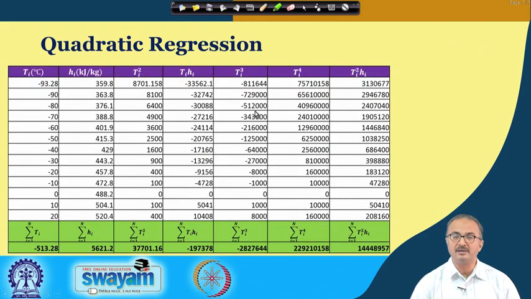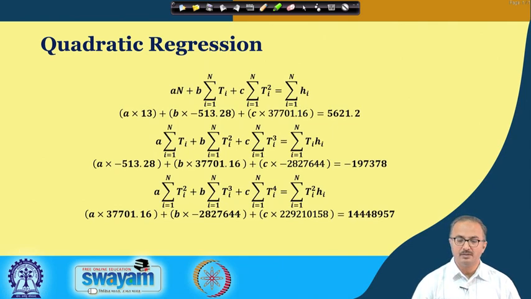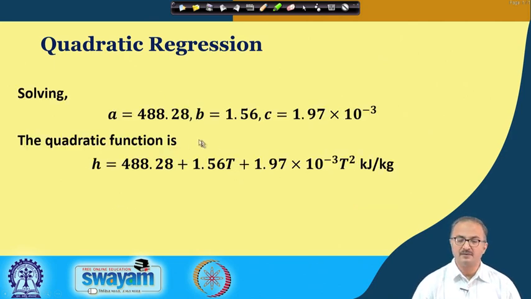If you go for higher degree regression, the mathematics gets more involved and the computation time also goes up. Ultimately, by putting in all those values from the earlier chart, we get the values of A, B, C like this.